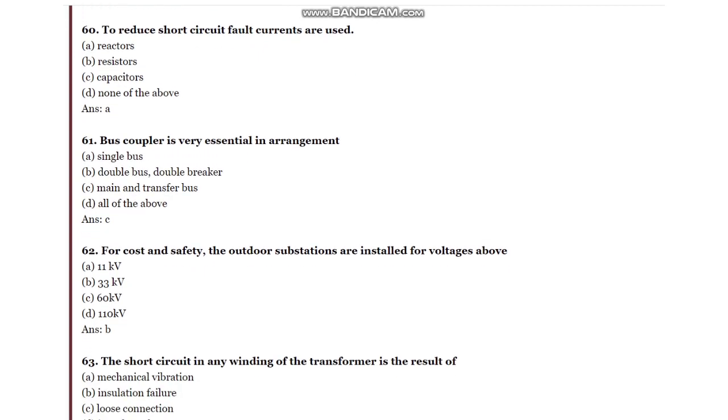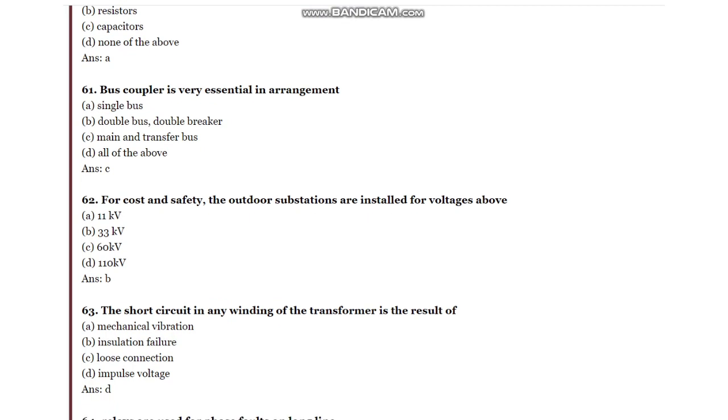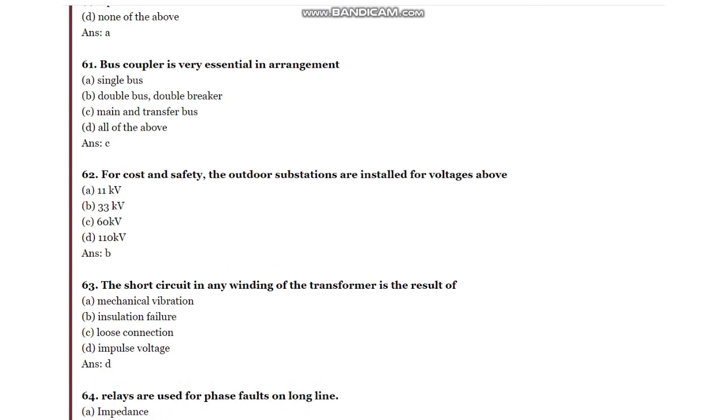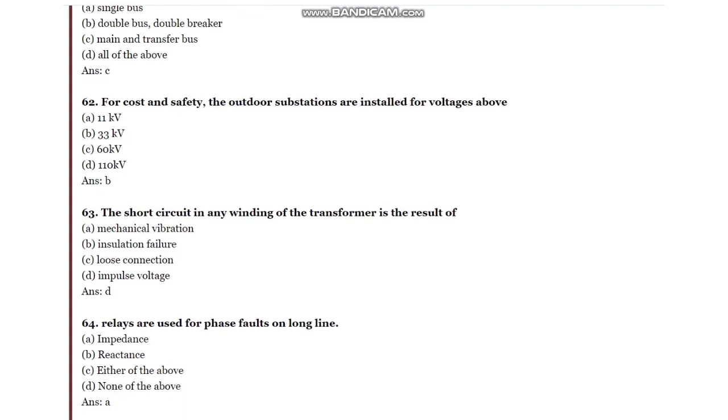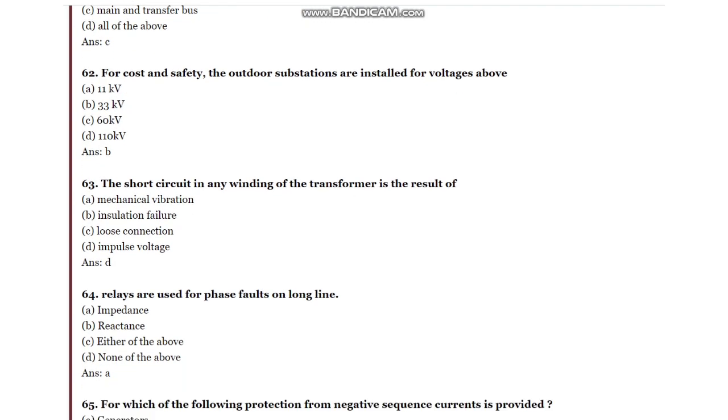To reduce short circuit fault currents, reactors are used. Bus coupler is very essential in arrangement of main and transfer bus. For cost and safety, the outdoor substations are installed for voltage above B, that is 33 kilovolt.